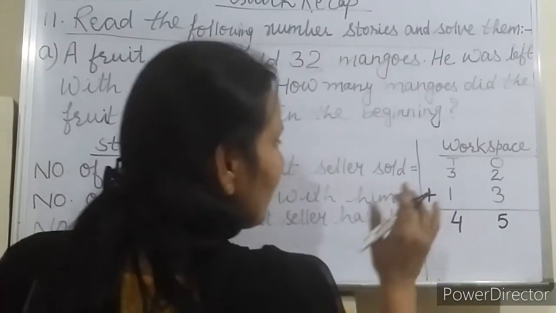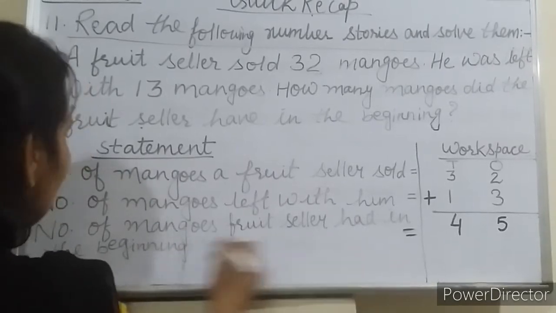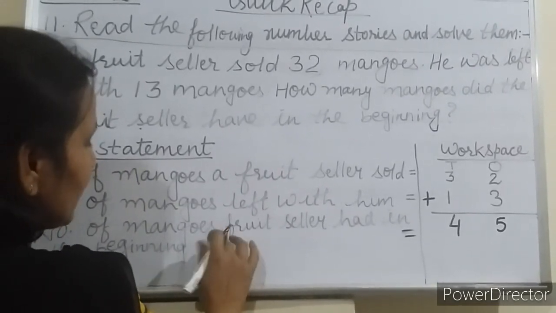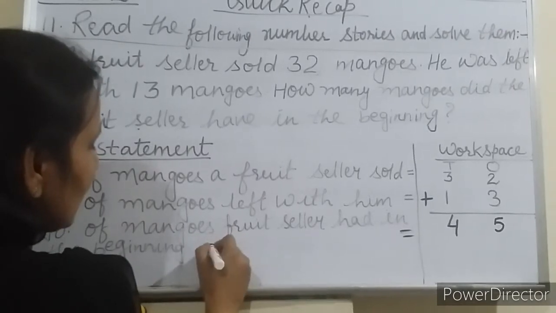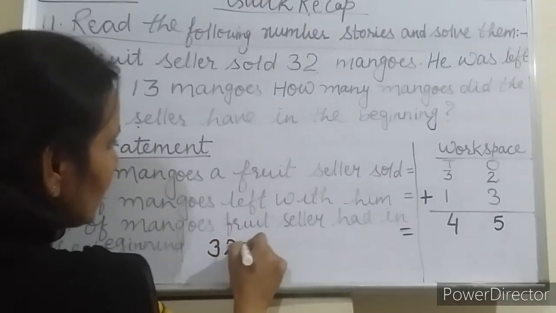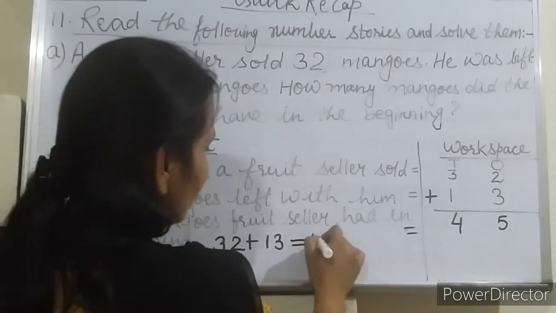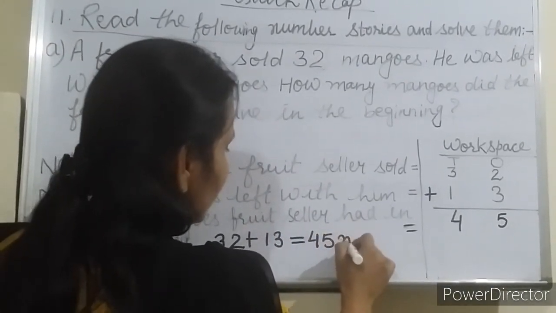So how many mangoes did the fruit seller have in the beginning? Write here 32 plus 13 is equal to 45 mangoes.